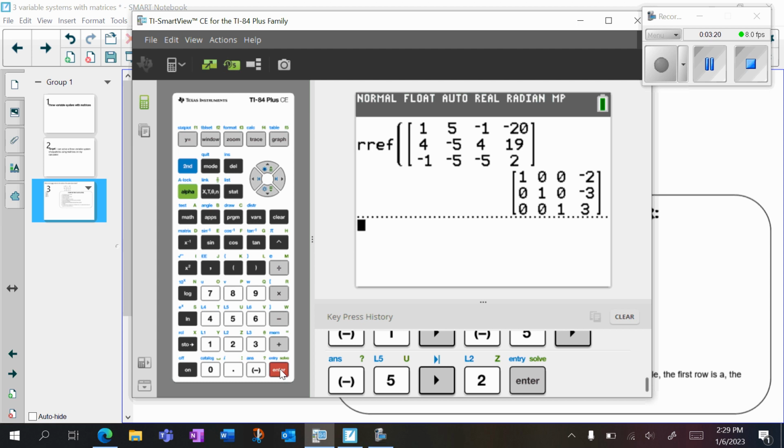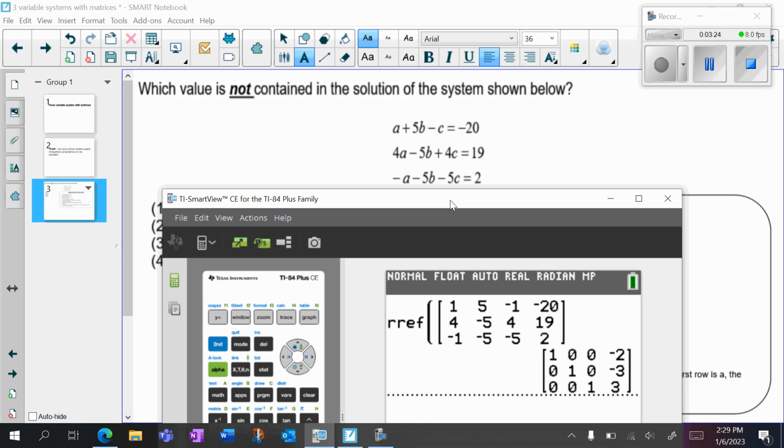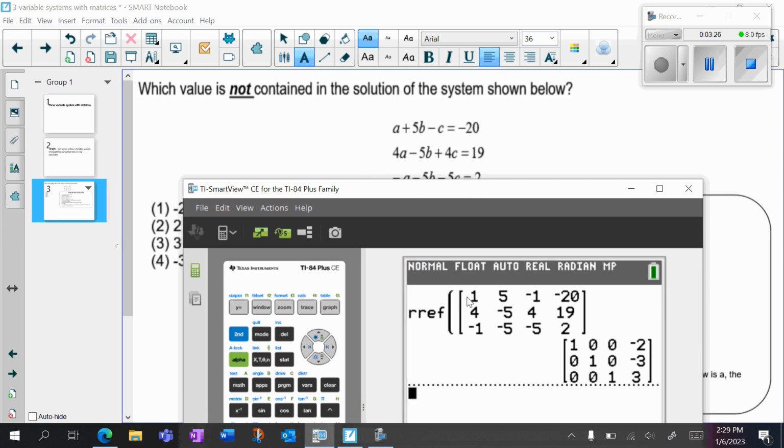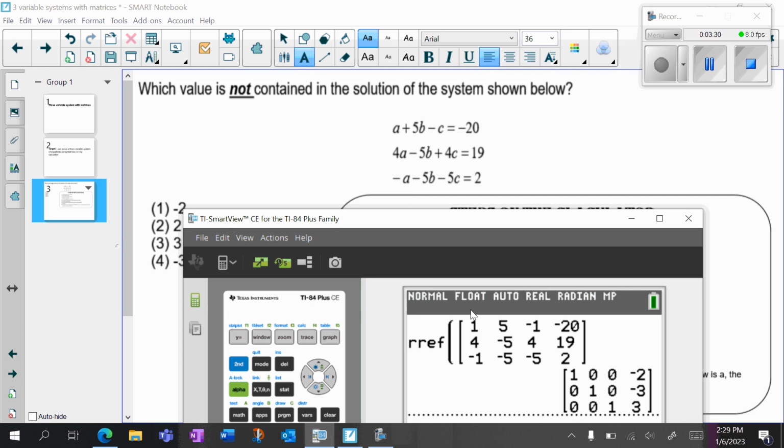So notice when I inputted the 3 variable system, the first column was all the a's, the 1, 4, negative 1. So here in my answer, where it has a 1 in the first column, the answer for a is negative 2. My second column was all the b's, the 5, negative 5, negative 5.